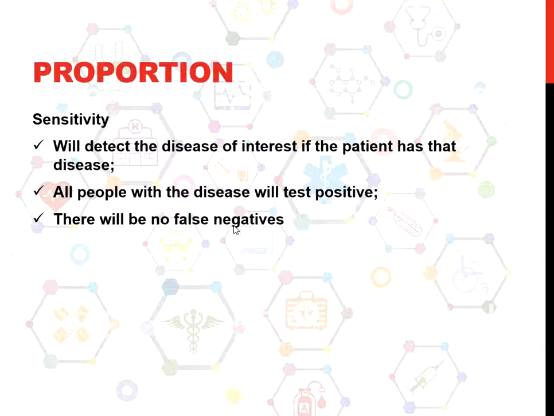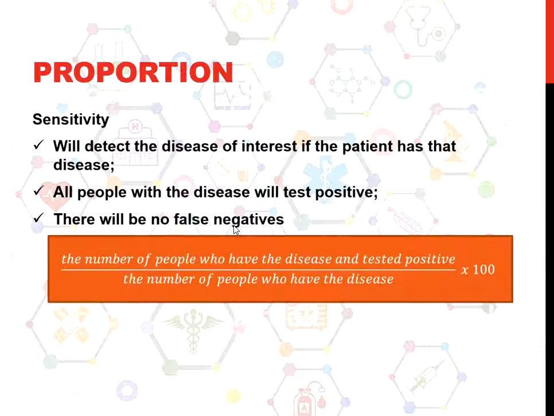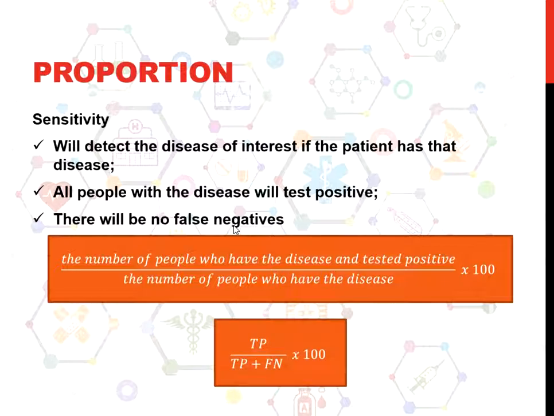Okay, so paano ang formula nitong ating sensitivity na to? So the number of people who have the disease and tested positive over the number of people who have the disease. Okay. So, lahat ng may sakit na nag-test ng positive over sa total ng may sakit. Okay. Ulitin natin.